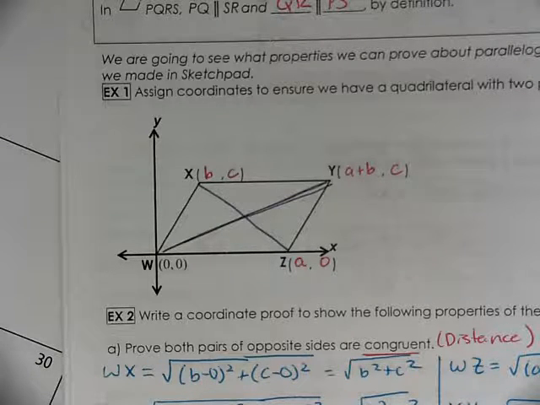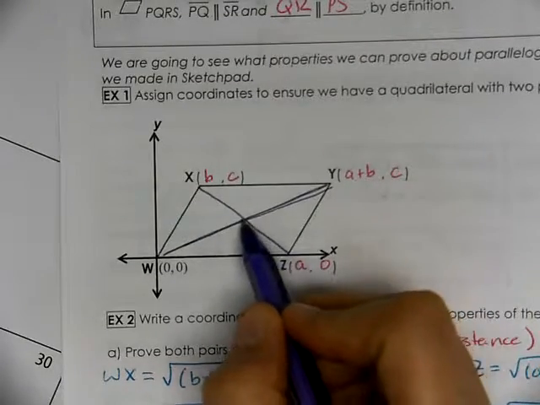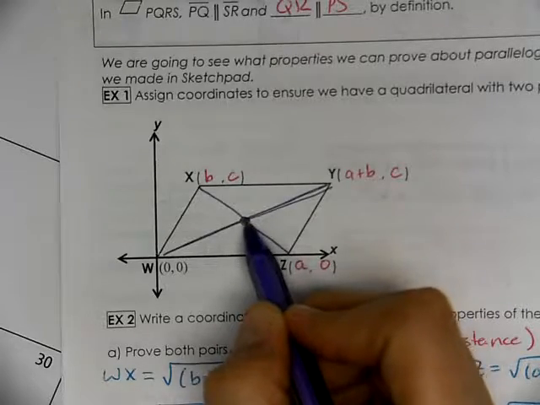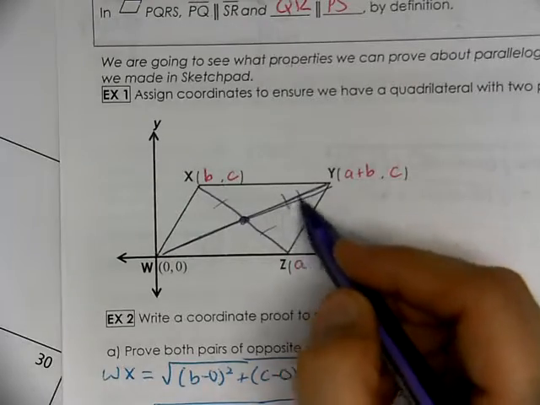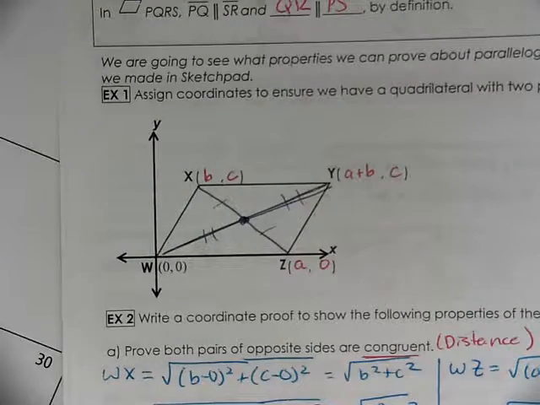Cut in half? How can we prove that? Which formula do you think we're going to use? Midpoint. If they both have the same middle point, wouldn't that, like this side and this side would be the same? This side and this side would be the same?